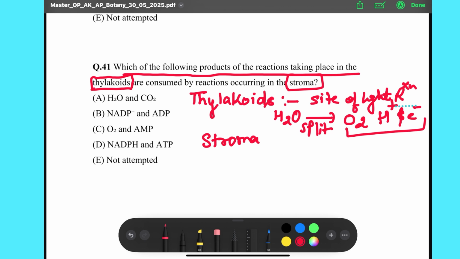Light energy excites electrons used in the electron transport chain to produce ATP and NADPH, right? So the products are oxygen, ATP, NADPH in the thylakoid. Now move to the stroma.